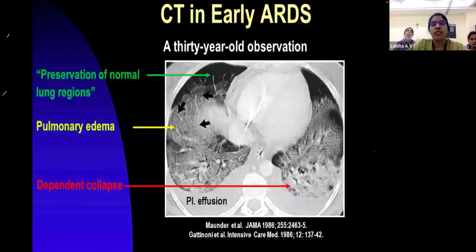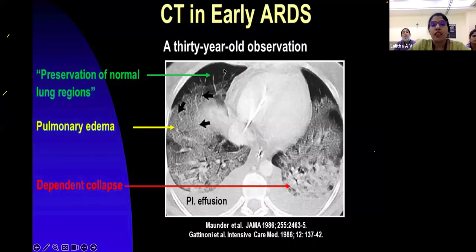So this is a CT scan which is done in an early ARDS, of course an adult picture, just to give a pictorial representation of how these lungs are badly affected. So this is the upper part and this is the dorsal aspect. As you can see, the upper part is relatively spared, normally aerated. The pulmonary edema and the lower part is very badly affected.